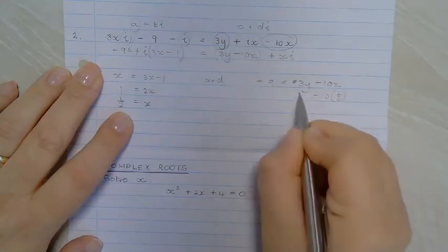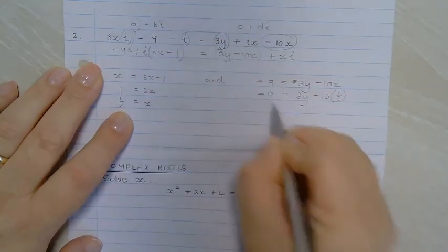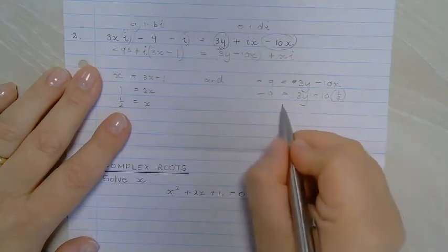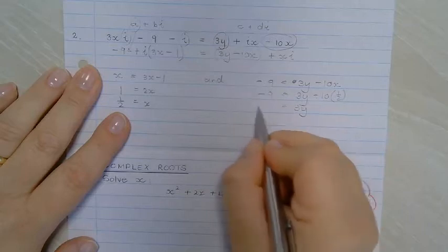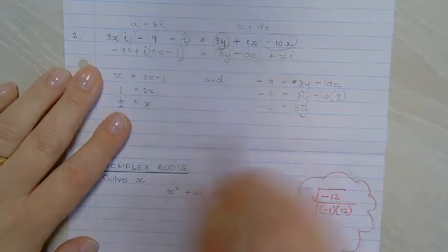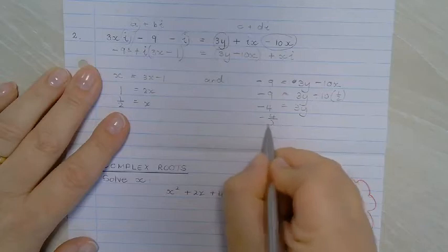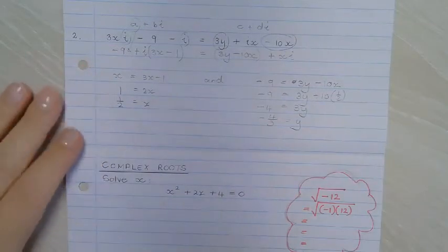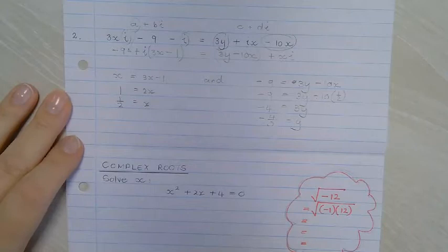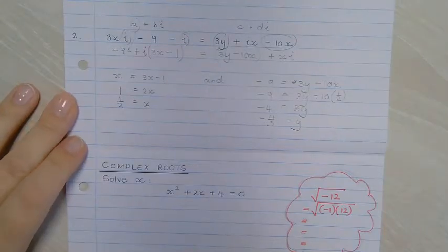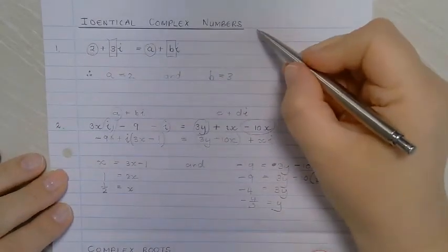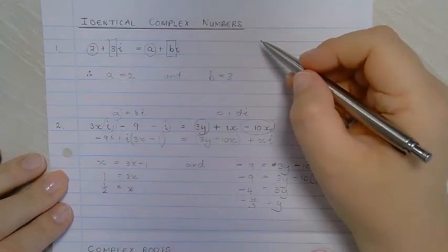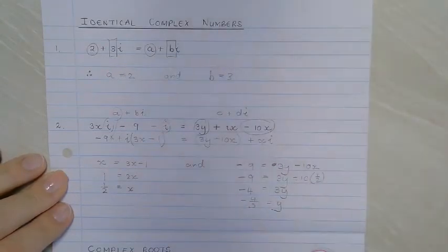So if you do this bit, you will find that 10 times a half is minus 5. This minus 5 will be brought over to become plus 5, so it will give us -4. And if we divide by the 3, we get that the y value is -4 over 3. Okay, so that is where you are going to use identical complex numbers so that you can tell me what the value of x and y is.